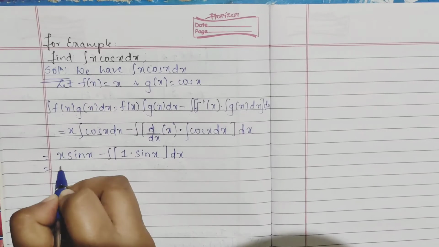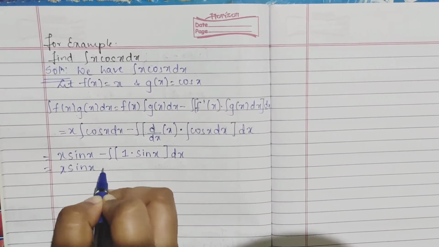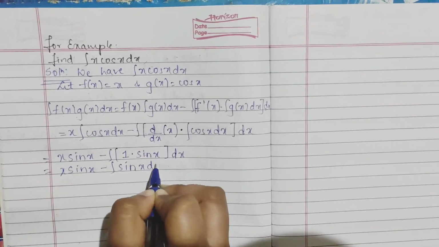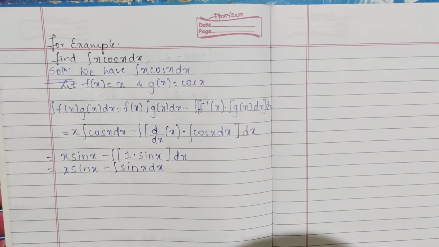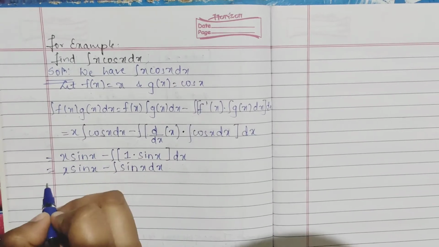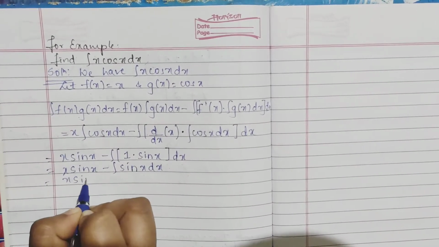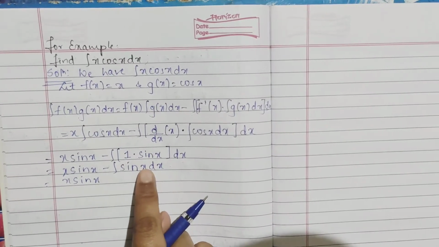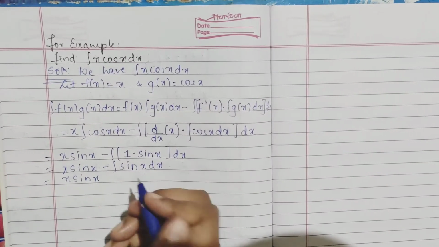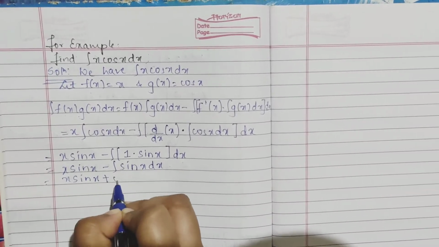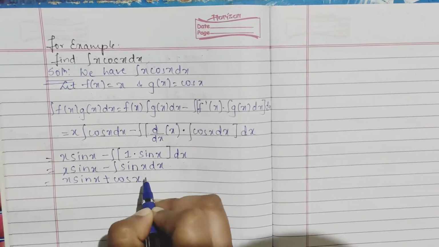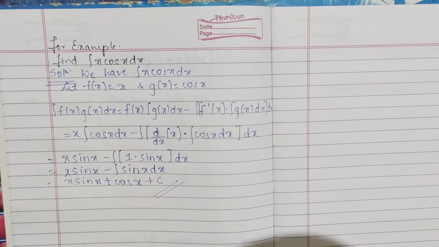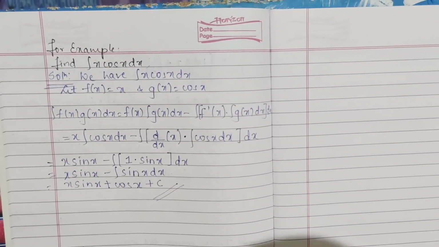So x sin x minus the integral of sin x dx, you have to integrate it again. The interior part you have solved, x sin x, and the integration of sin x is minus cos x. Here minus is already there, so plus cos x plus c. This is your answer.